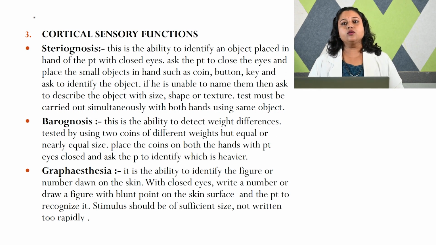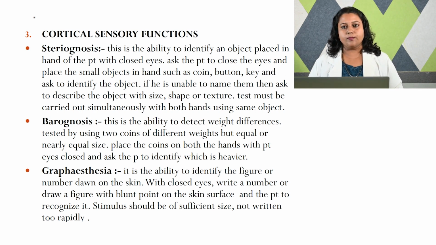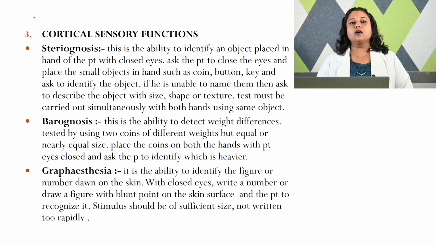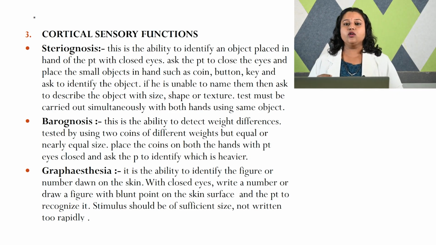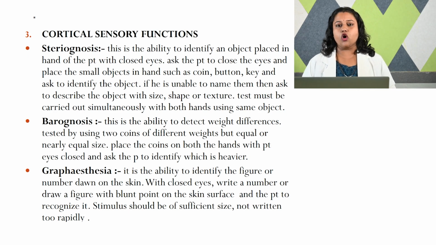If he is unable to name them, then ask to describe the object by size, shape or texture. The test must be carried out on both hands using the same object.